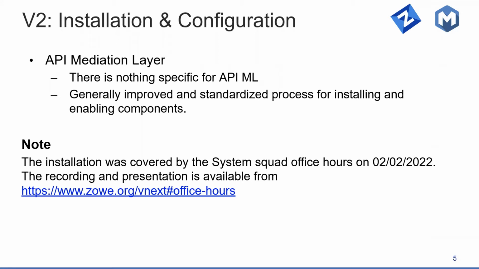In general, the process is improved heavily, and it's also standardized on how all the components within server-side Zowe are installed and what we expect from them. So this is valid for API ML itself, and it's even possible to use this to leverage just pieces of the API ML. You don't have to leverage all the services that are part of it.